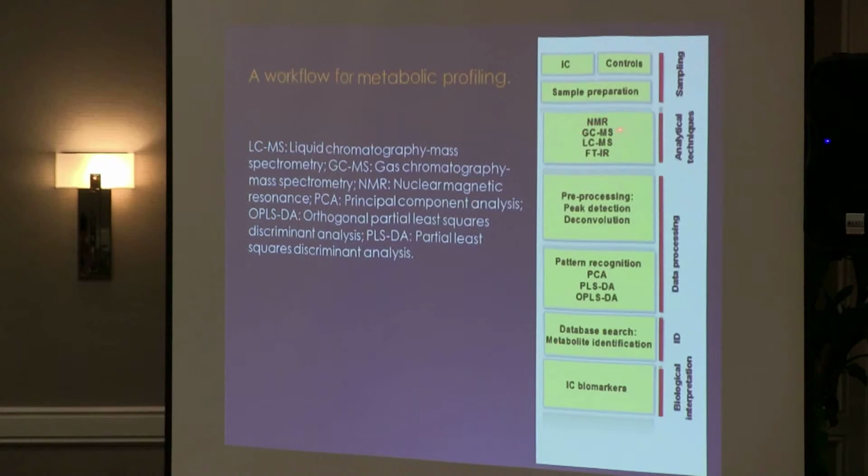And we do the NMR, and we can do GC or LC based mass spectrometry and pre-processing, and we identify some possible profiles that are completely different from the controls. And then we do the statistical analysis, and we annotate, and we figure out possible potential IC biomarkers.